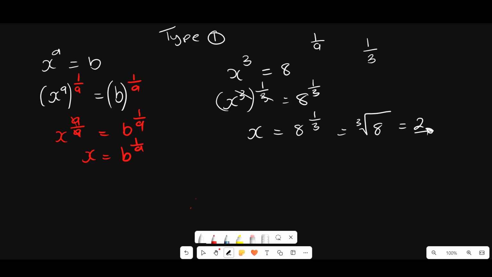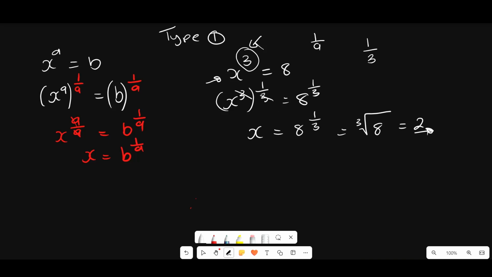So that is how we solve an equation when x is a base and we only have a digit as an exponent. As I said, there are multiple ways of doing this.